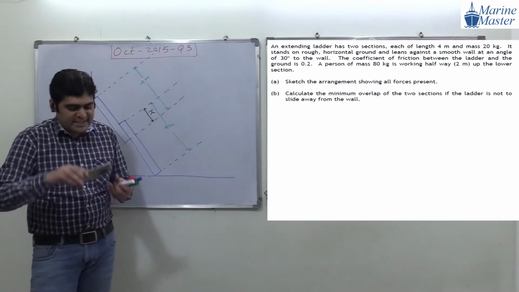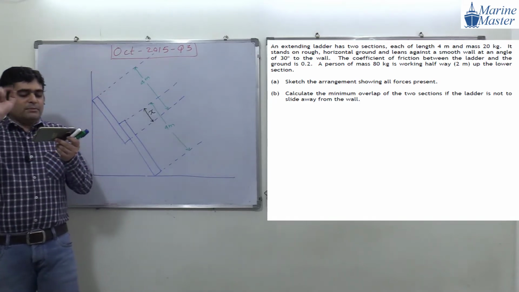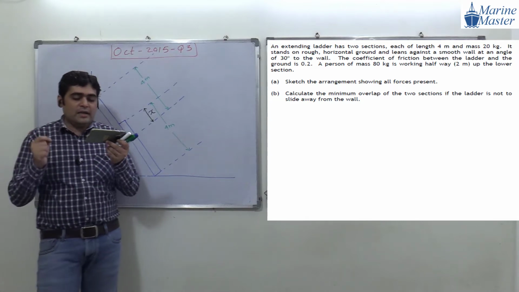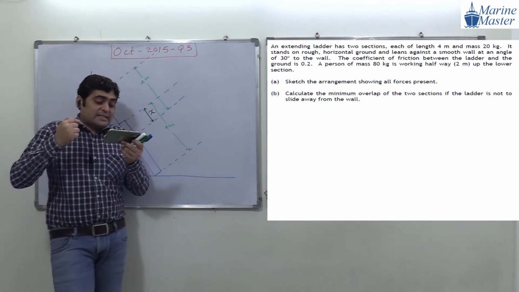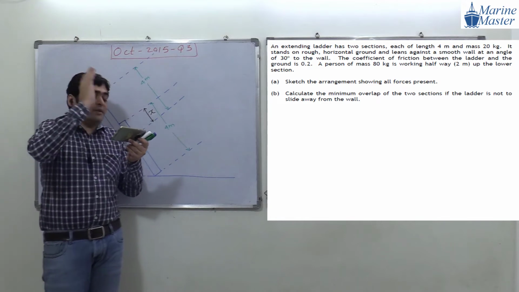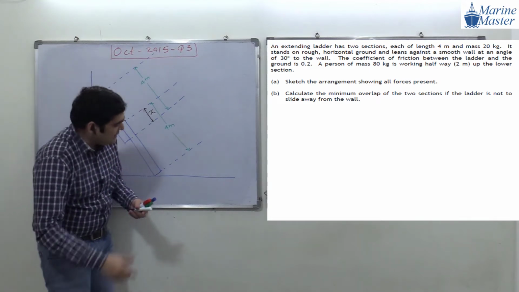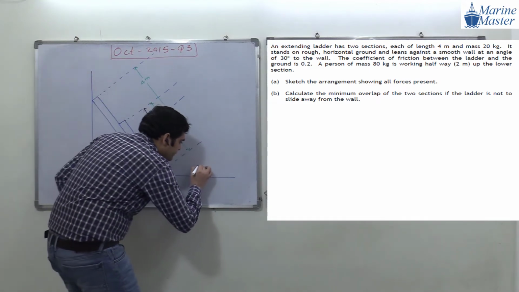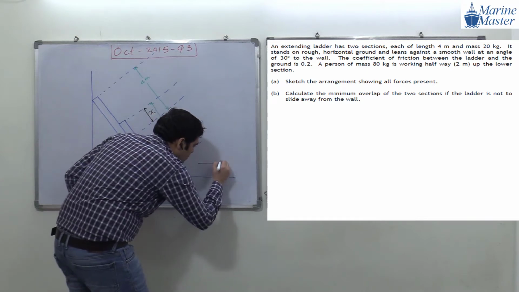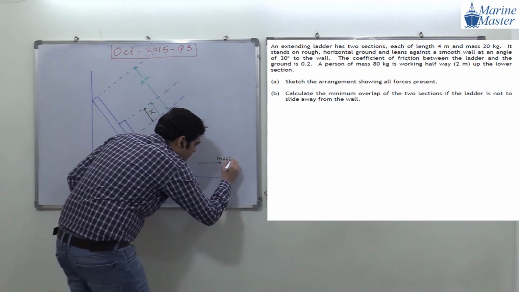I am going to read the exact wording. Calculate the minimum overlap of the two sections if the ladder is not to slide away from the wall. Means the ladder will try to move on this side, like this.